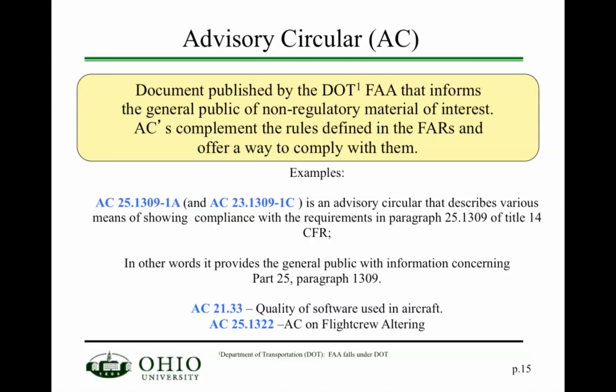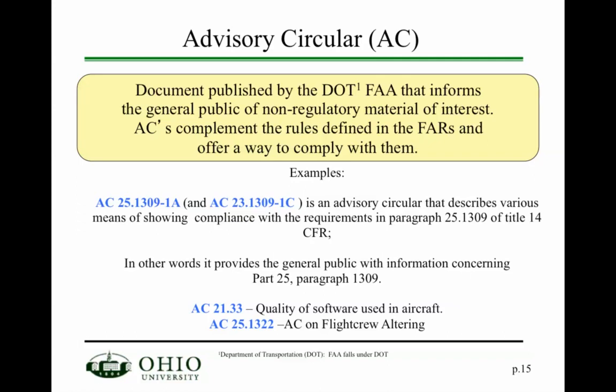Okay, I told you earlier about the advisory circular. This is a document that the FAA publishes, which is non-regulatory, but it still is related to some of the rules that are defined in the FARs. For example, AC 25.1309, or for small aircraft, AC 23.1309, describes the various means of showing compliance with requirements in paragraph 25.1309.